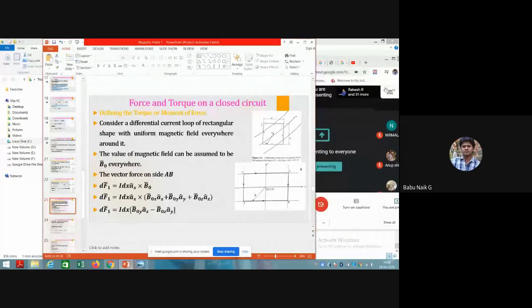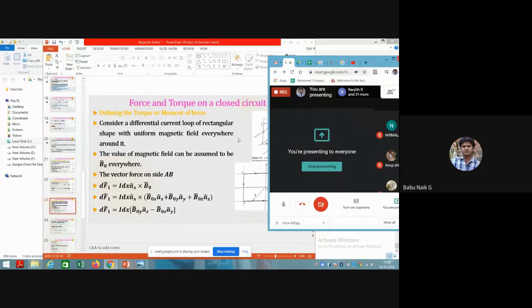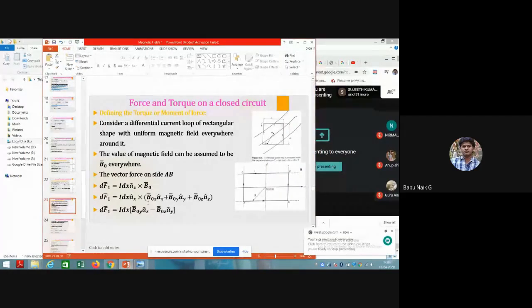So you can put that charting if you are getting confused. A cap x cross A cap x is 0, and A cap x cross A cap y, we will get as A cap z.